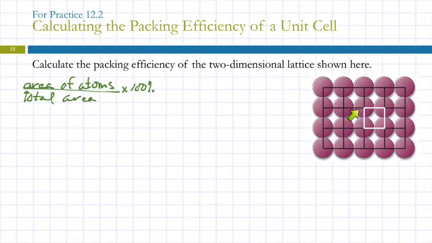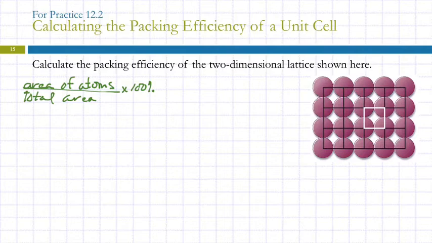If we look at this smallest unit cell here, how many atoms are represented? Here's a quarter atom, and there's a quarter, and another quarter, and another quarter, right? So those 4 pieces have the same area as one of the circles.